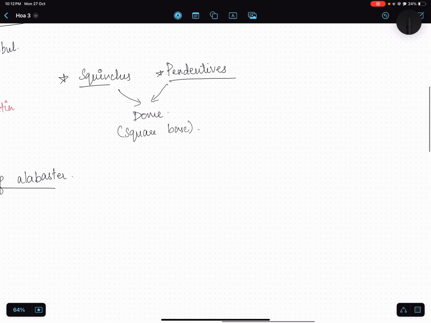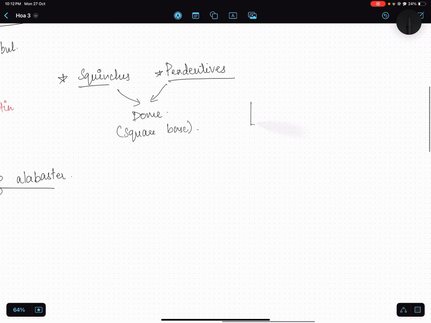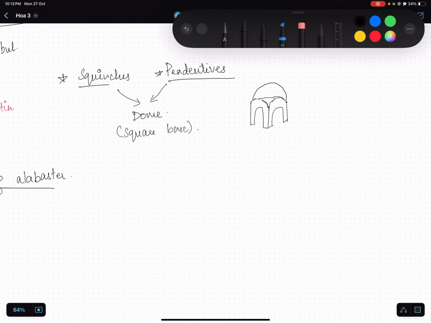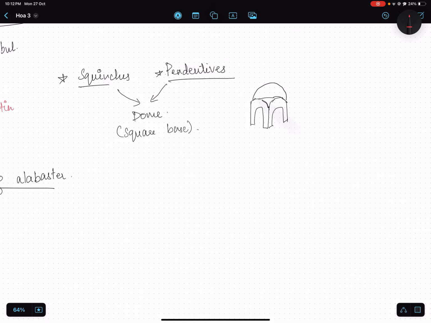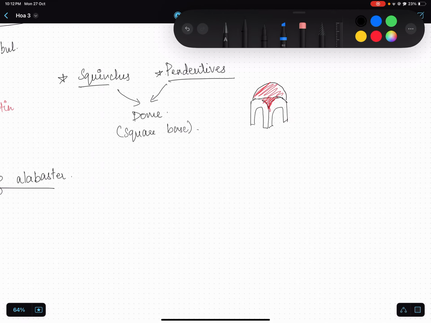Let me talk about pendentive first. So this is pendentive. This is your dome, and this had triangular curves that helped the dome to sit on it.